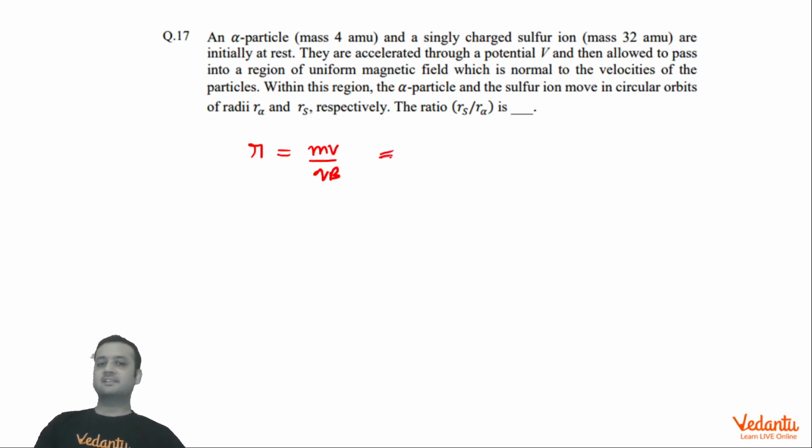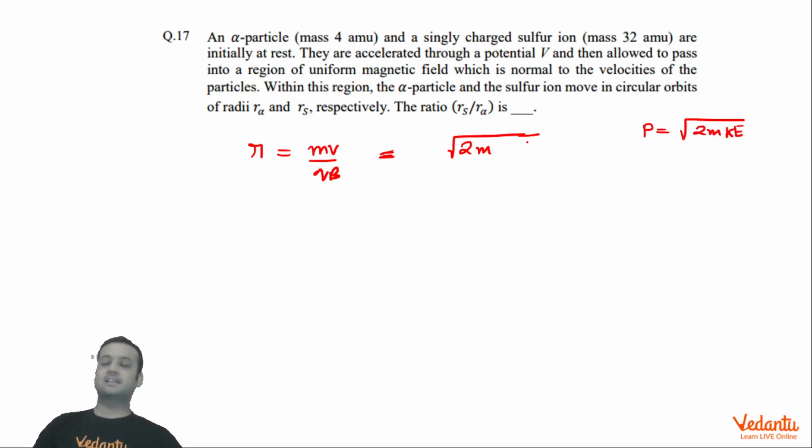This mv is nothing but the magnitude of the linear momentum, which can be written as square root of 2 into mass into kinetic energy. Okay, you remember there is a relation between linear momentum and the kinetic energy. So linear momentum P can be written as square root of 2 into mass into kinetic energy.